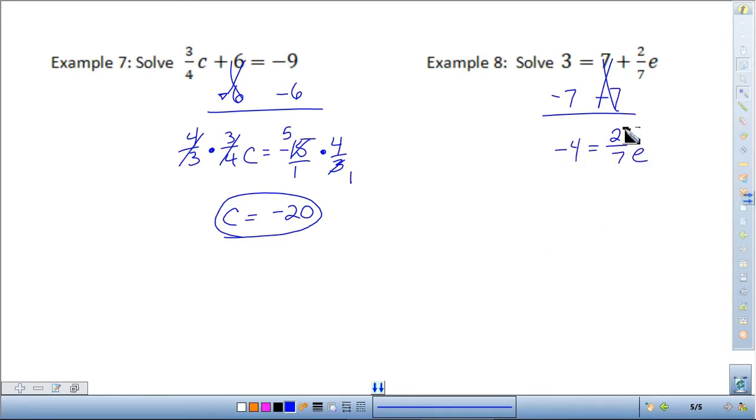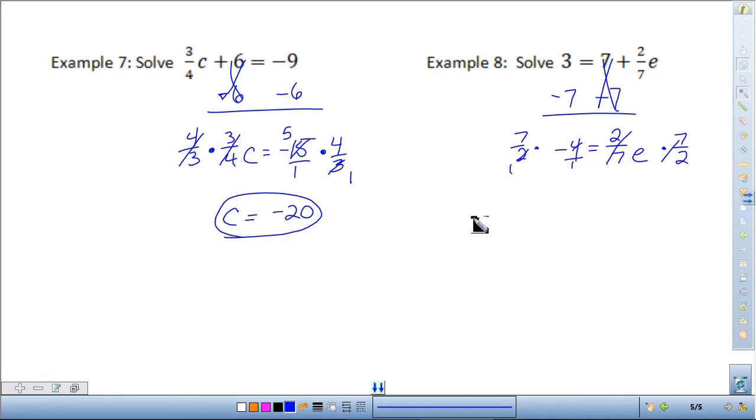From there, because again, we have a fraction coefficient, we're going to go ahead and multiply by the reciprocal, which would be 7/2. That will cancel out over there. You have to make sure that we multiply over here by 7/2 as well. If I turn -4 into a fraction, -4/1, I can then cross simplify by dividing both of these by 2.